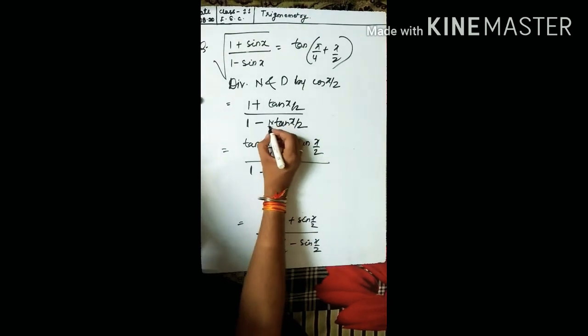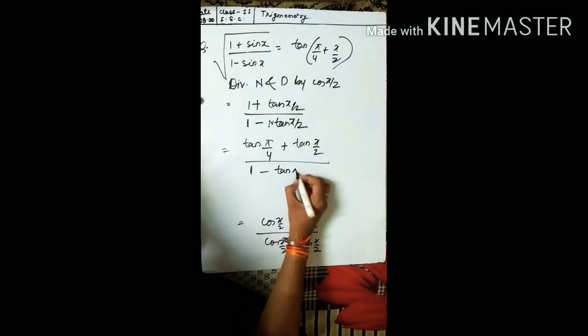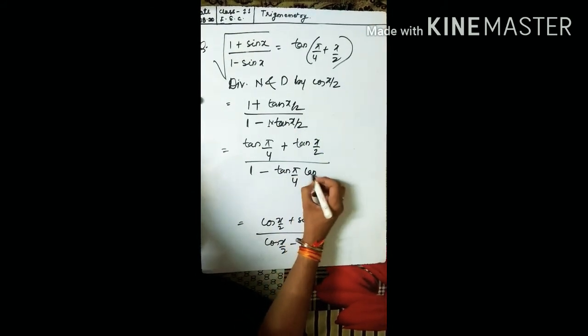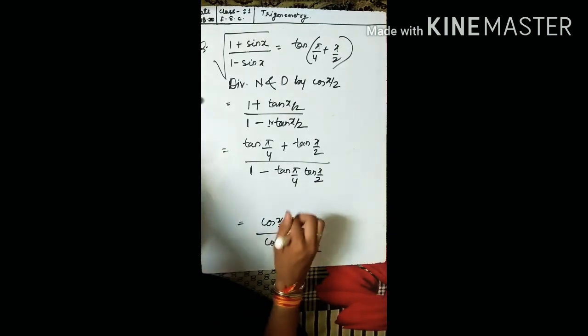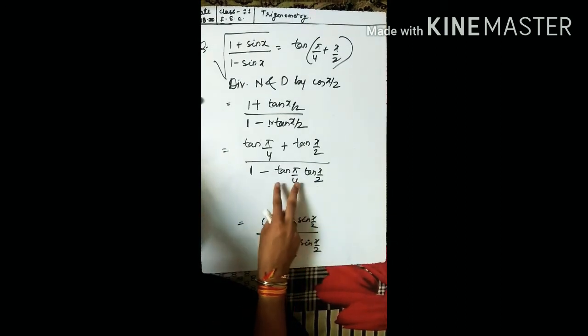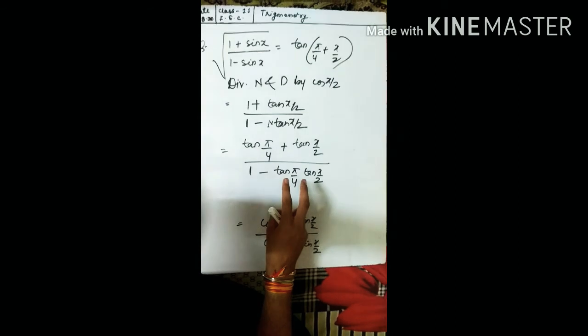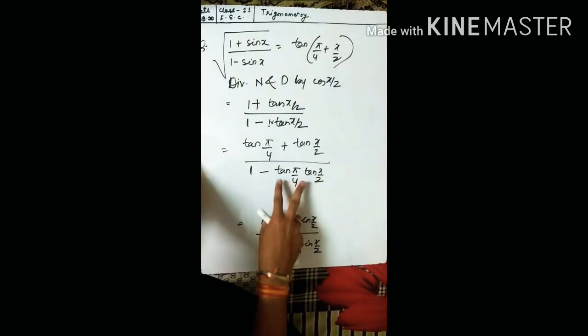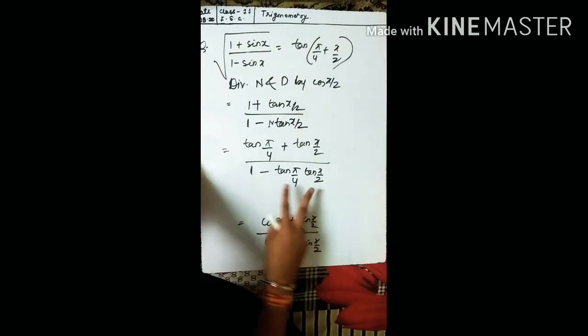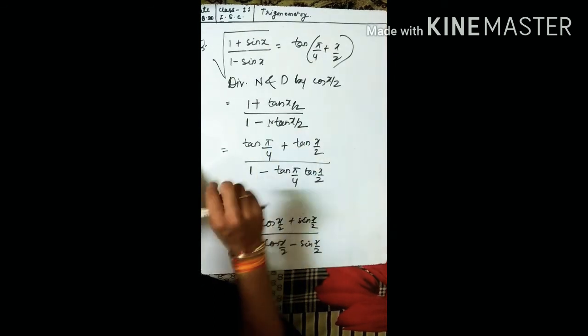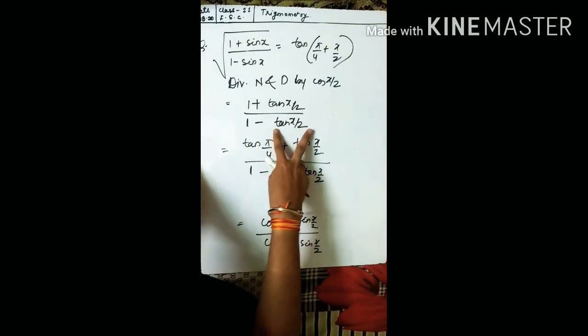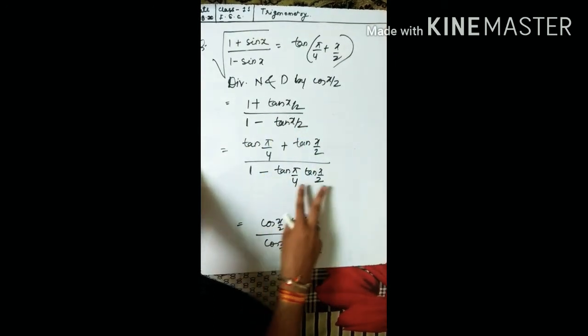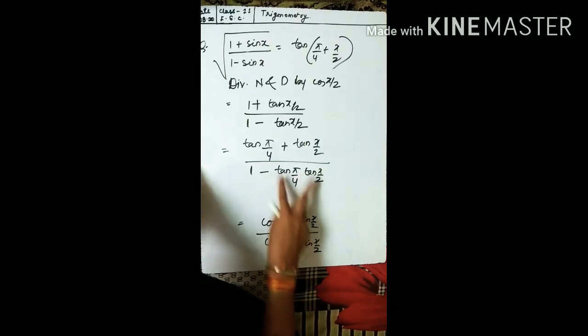So this 1 I am replacing with tan pi by 4 into tan x by 2. If you don't understand, then understand it like this: tan pi by 4 is 1, so 1 into tan x by 2 is tan x by 2 only. So I'm writing this tan x by 2 as tan pi by 4 into tan x by 2, because tan pi by 4 value is 1.